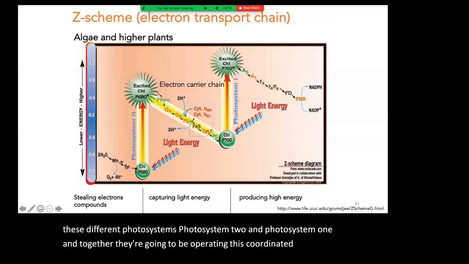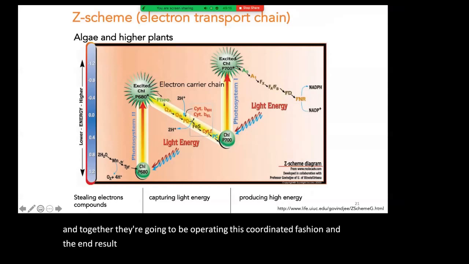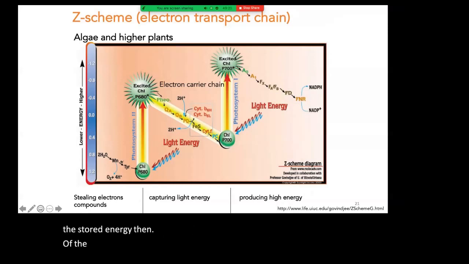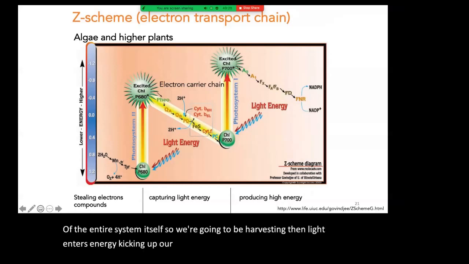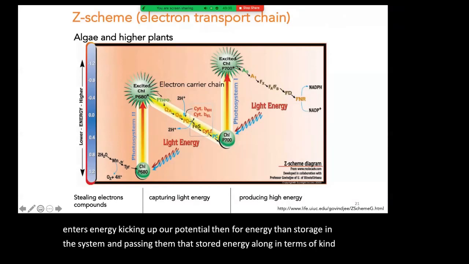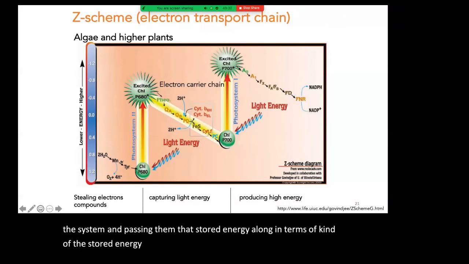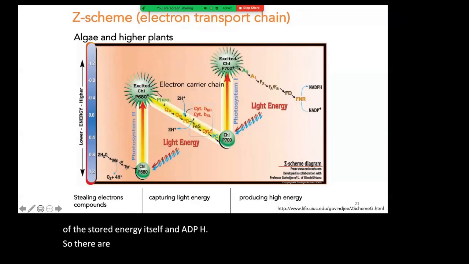The end result is increasing the potential energy and the stored energy of the entire system itself. So we're harvesting light energy, kicking up our potential for energy storage in the system, and passing that stored energy along in ATP and NADPH. So there are three main functions of the light reactions, okay?